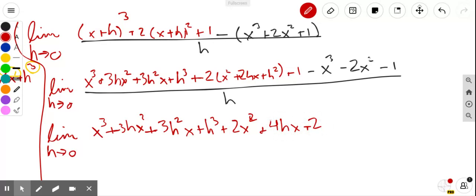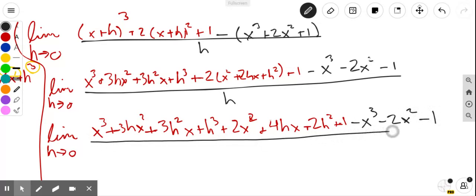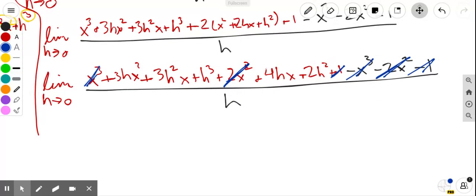Okay, we're almost through. Sorry that my 2's and plus signs aren't super neat. But we're about to get to the mass extinction right now. So x cubes cancel out, 2x squareds cancel out, 1's cancel out. So you have this term left over, and if you notice, everything has at least one h in it, and we're dividing by an h.